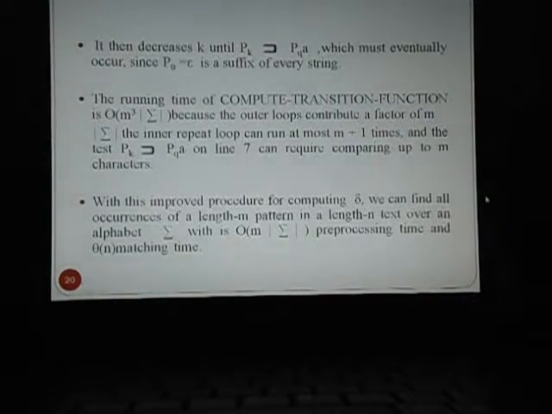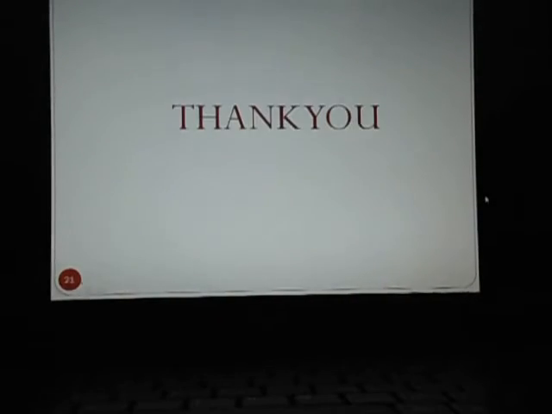With the improved procedure for computing delta, we can find all the occurrences of the length m pattern in the length n text over an alphabet sigma with order m times the magnitude of sigma preprocessing time and theta of n matching time. Thank you.